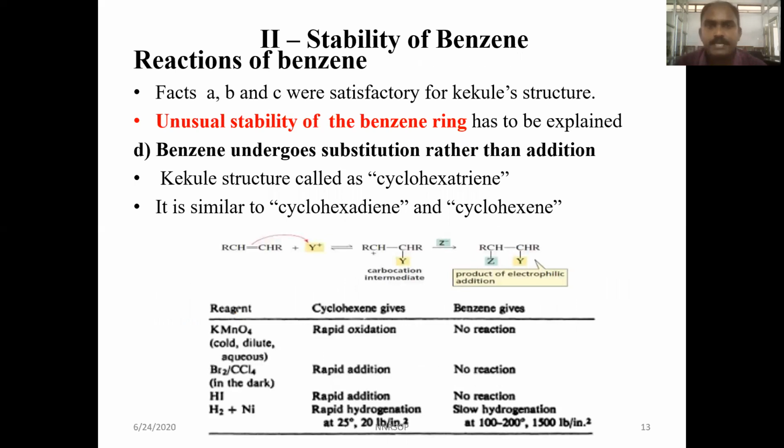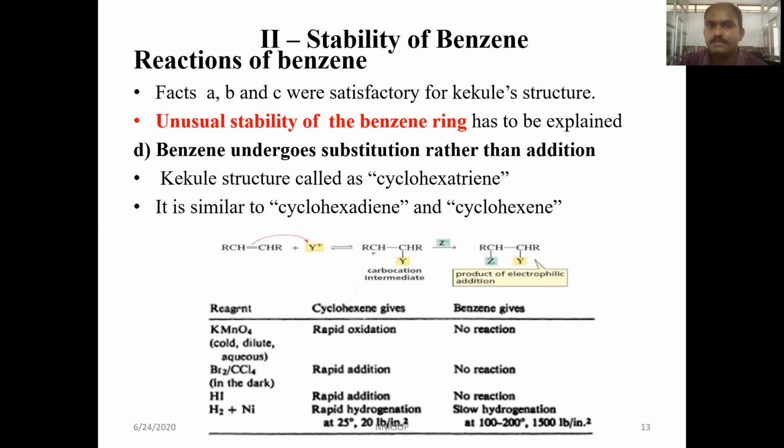Coming to the stability of benzene, benzene undergoes different types of reactions. The facts A, B, and C are satisfactory for the Kekule structure, but there is some point where there is an unusual stability of the benzene ring.